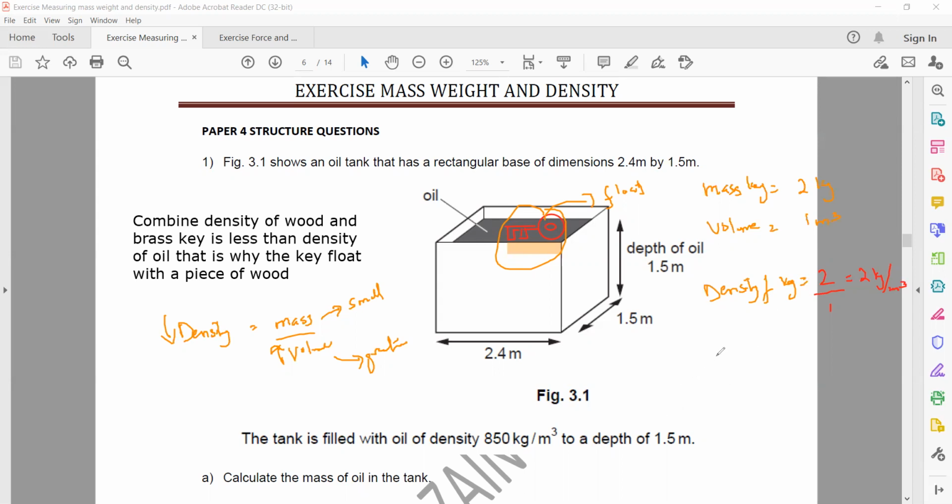Same thing if I ask what is the density of the wood. Example, the mass of the wood is 2 kilogram, and the volume of the wood, because wood has low density, so its volume will be higher. Example, it is 10.